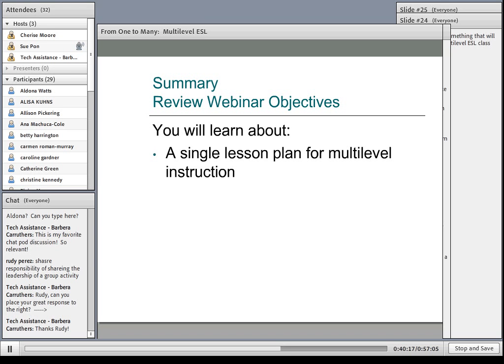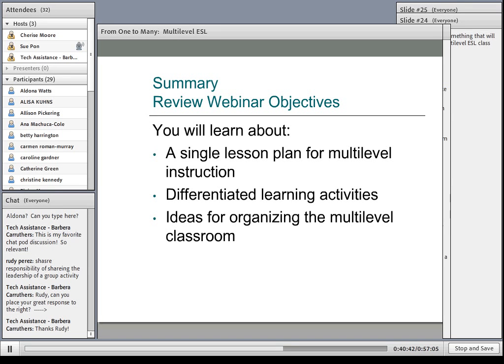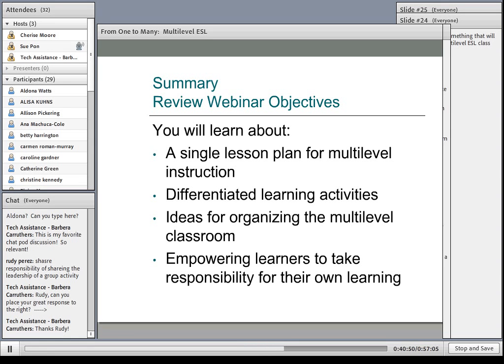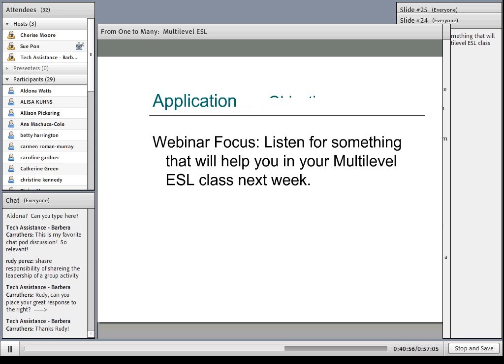She said you will learn about a single lesson plan for multi-level instruction, and that lesson plan will be available for you to download at the end here. Differentiated learning activities. We talked about likeability or same level activities, as well as crossability or heterogeneous groups working on one product. Ideas for organizing the multi-level class. You guys had some good ideas there, as well as empowering learners to take responsibility for their own learning.